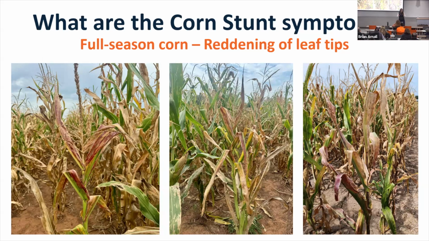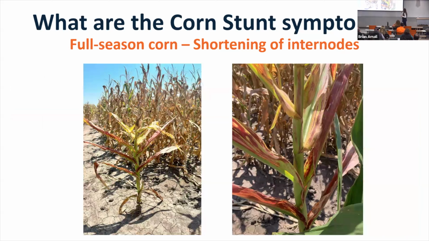As Austria already mentioned, these pathogens move inside the phloem of the plant, so they tend to concentrate in the organs, the parts of the plant that are growing. That's the reason we tend to see the symptoms of corn stunt, these reddening tips, in the upper part of the plant first instead of the lower part. Here's one of the symptoms.